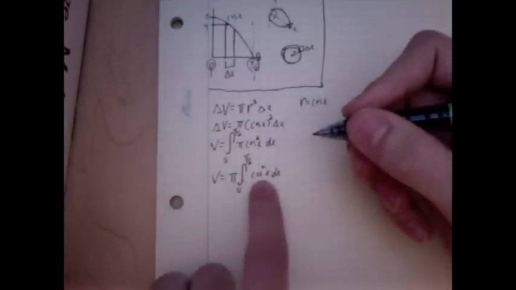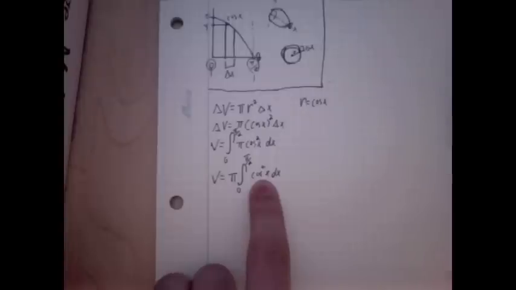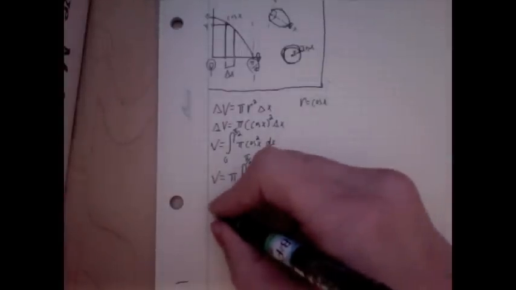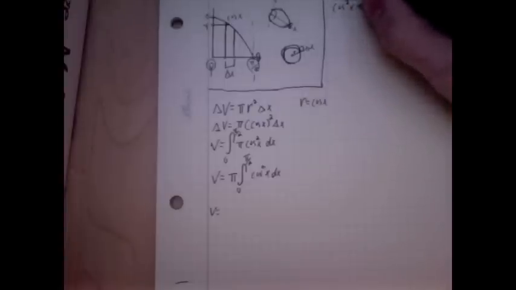Now, to handle cosine squared, we could do a long u substitution problem or something, but that would just get really painful. So what we can do is use our half angle identities. Cosine squared x is equal to cosine of 2x plus 1, all over 2, which will make our life much easier.